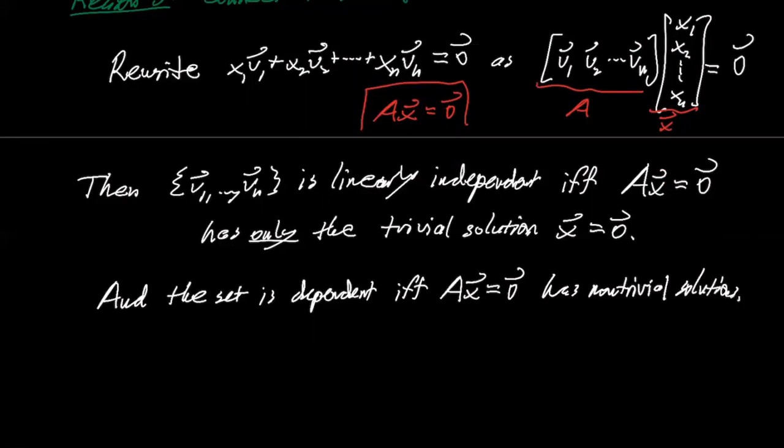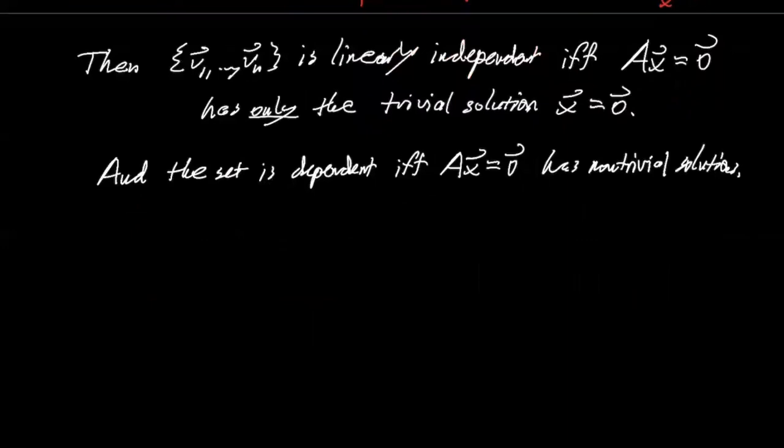And just to put a button on this, we know something more here. From examples we've done, we know Ax equals 0 has non-trivial solutions precisely when A has a free variable column, right? Because if it has a non-trivial solution, it has infinitely many solutions, and the only way to get infinitely many solutions is with a free variable column.